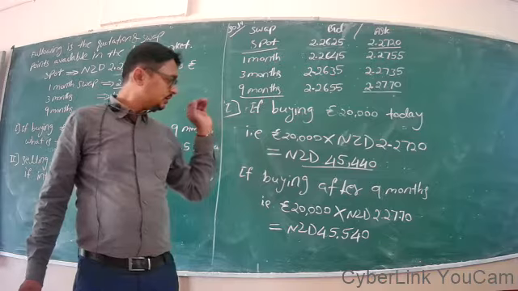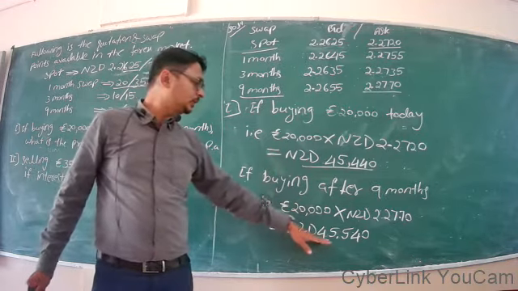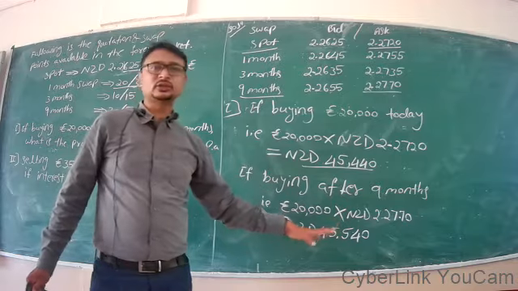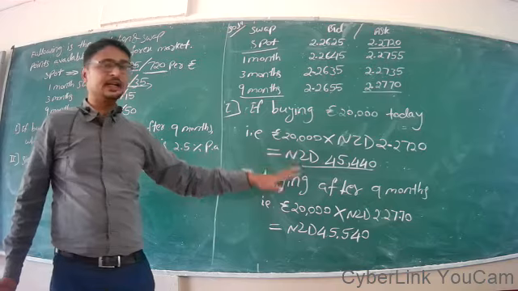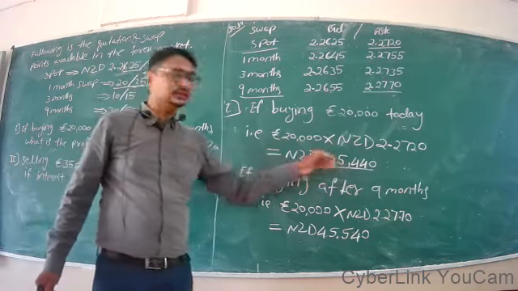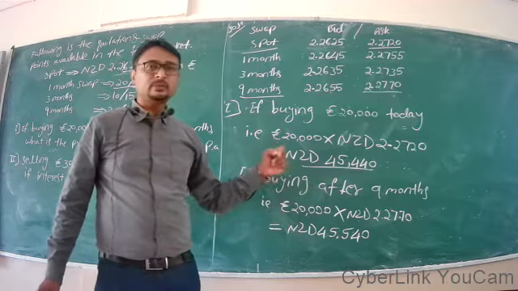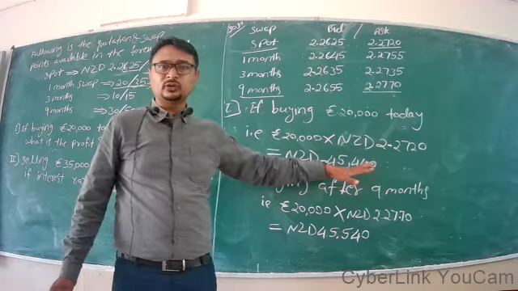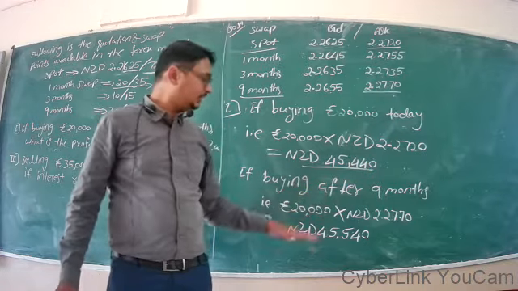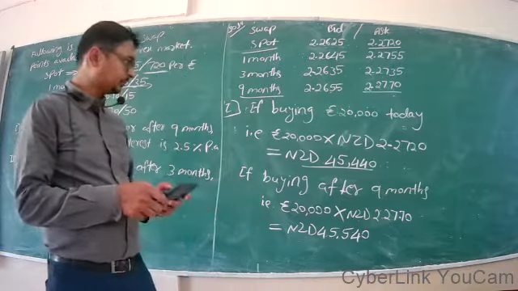If you are buying 20,000 euros after 9 months, you have to pay 45,540 New Zealand dollars. So which one is beneficial? See, since we are buying, we go with the lower price, right? If we are buying it today, we are paying only 45,440. If we are buying it after 9 months, we have to pay 45,540.